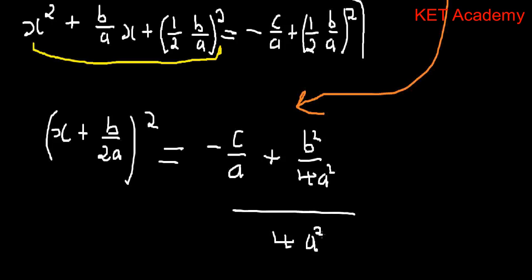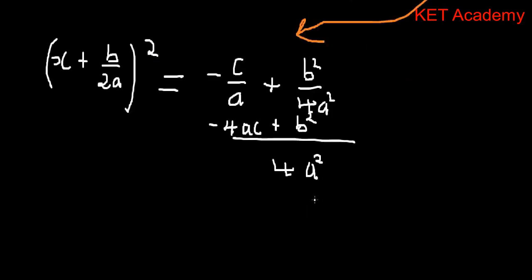The reason being that in 4a squared, a can be gotten from 4a squared. So 4a divided by a is going to give us 4a. 4a times c is going to give us minus 4ac, plus 4a squared divided by a squared, which will give us 1, times b squared will just give us b squared.